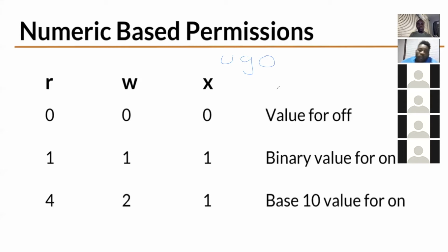If I wanted to provide the owner of the file read, write, execute, this one will have a 7. If I wanted to give the group owners read and write, there will be a 6. And if I wanted to give every other person just read, so they can only read that file, I'll give them a 4.